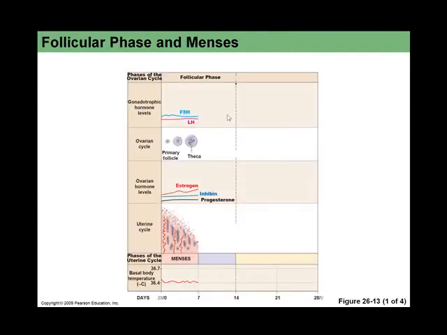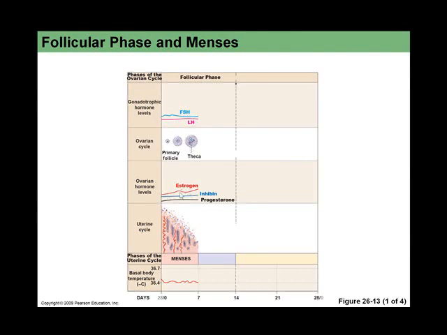So we're going to go through each of these phases collectively and try to put this together. Later we'll look at the neuroendocrine function. So in the early follicular phase, you can see the gonadotropic hormone levels, FSH and LH, with the recruitment and development of the follicles.